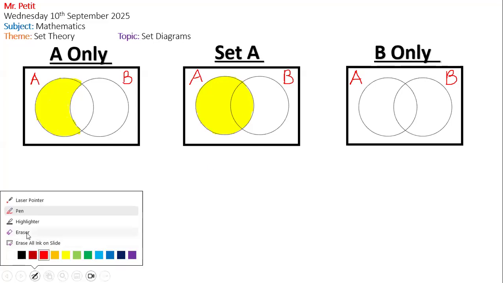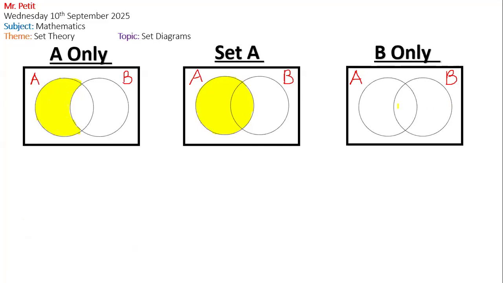So B only, would B only include the intersection or not the intersection? No, sir, not the intersection. Very good. We do not include the intersection, okay? Because it's B only. So let's go ahead and shade that.